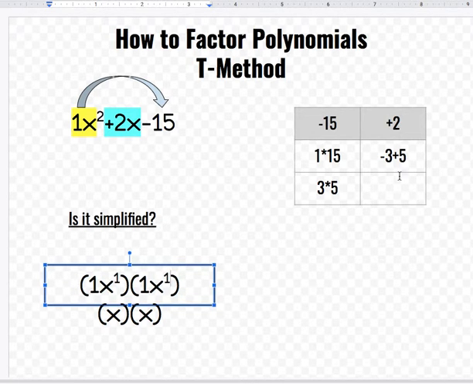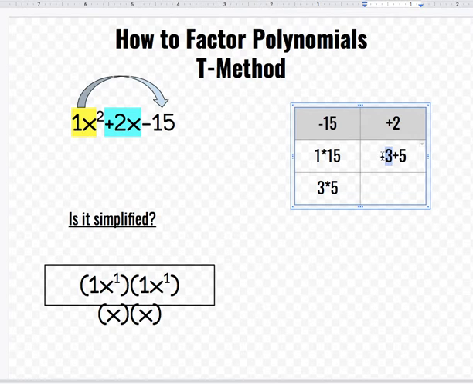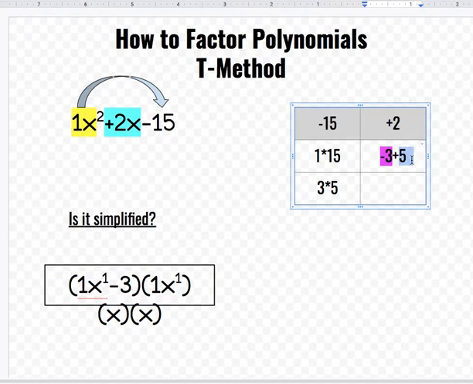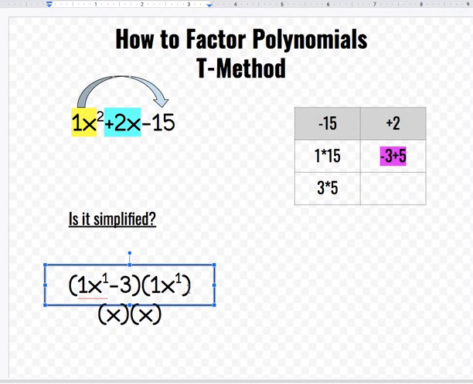On the second part of the parentheses, you're going to put this negative 3 into one of them. It doesn't matter whether you put it in the front or in the back, but you're going to put this negative 3 there. And the second parenthesis is going to have the positive 5. Again, it doesn't matter whether you put it first or last. Those two are equal to each other.